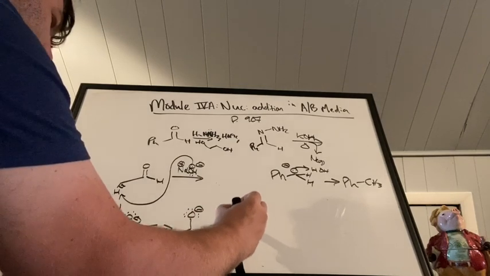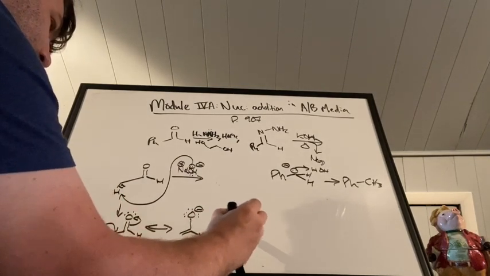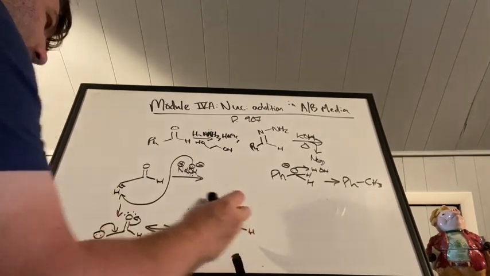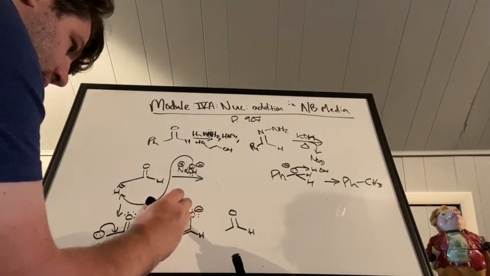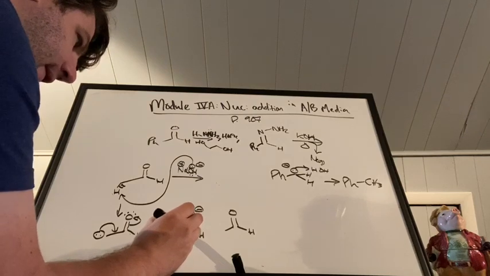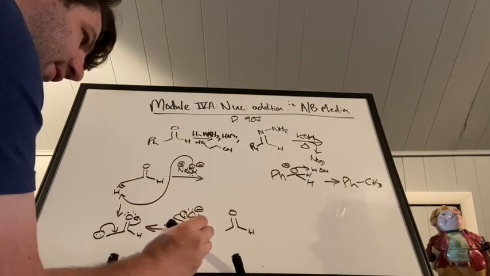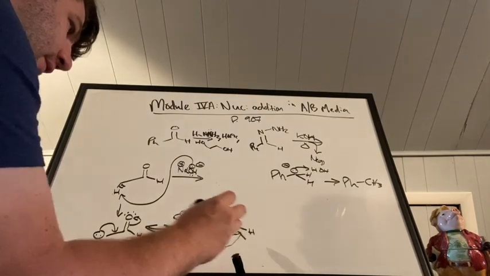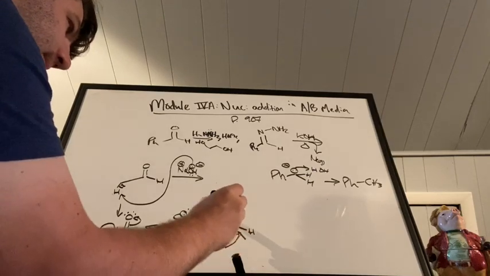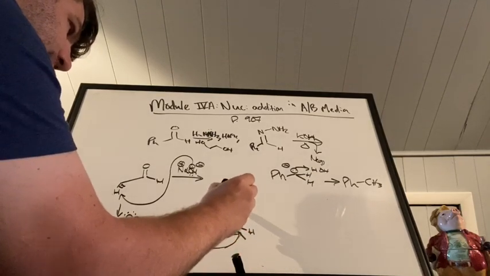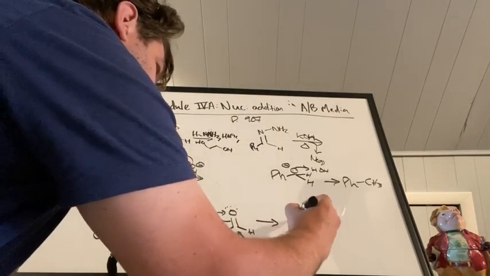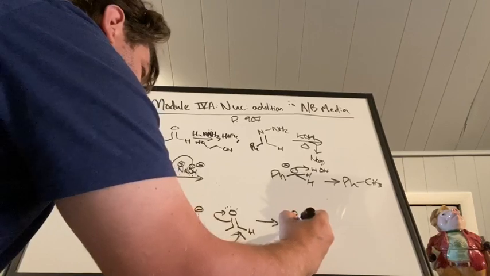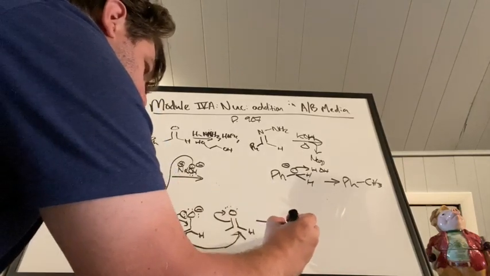You have a second equivalent of, let's say, acetaldehyde like we had before, push that guy back down. These electrons are going to come out. Push these electrons up. Okay, so in other words, turn this thing around here.